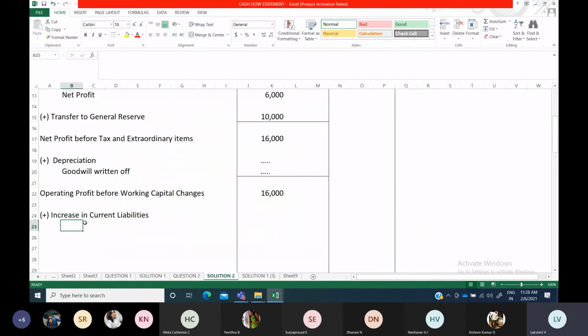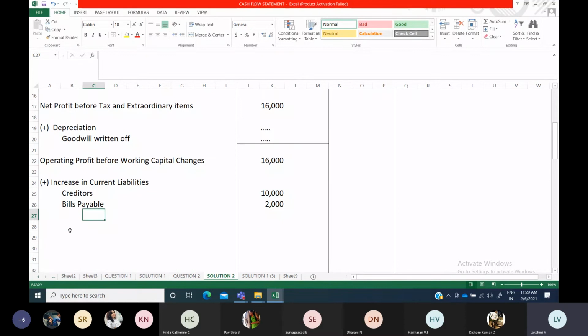So here I will show creditors and then bills payable, 10,000, 2,000. If you want, you can mention in brackets the 10,000 and 2,000 increase.